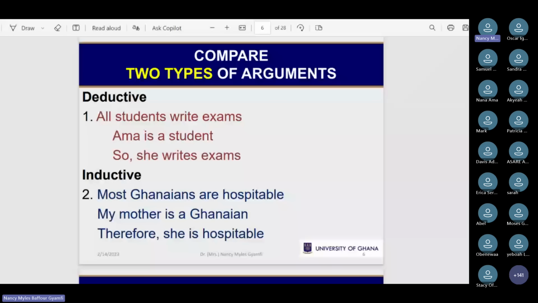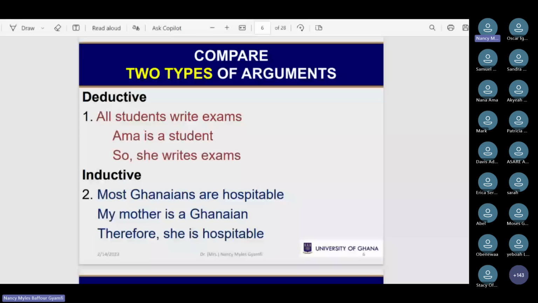If it were true that all students write exams and it was also true that Amma is a student, you will see that it would have to be true necessarily that she writes exams. This is a type of argument that we would describe as deductive.